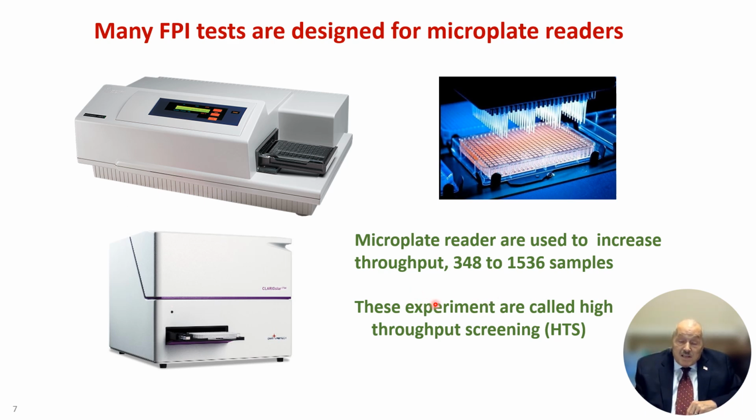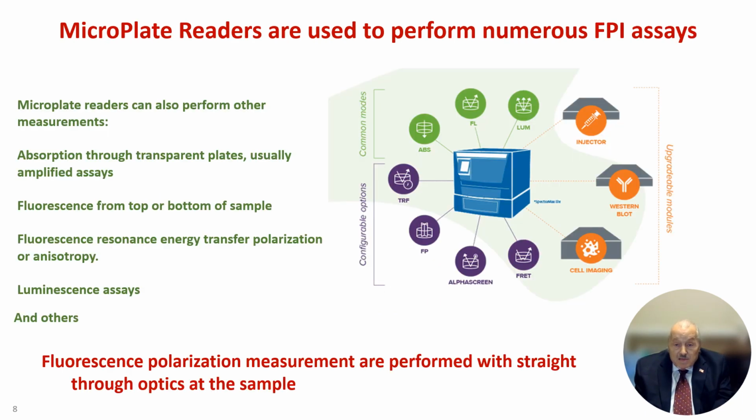But these machines have advanced tremendously, and not only do they do FPIs, but they can do absorption measurements if it's an absorption assay. They can measure fluorescence from the top or the bottom. They can measure energy transfer as well as polarization and anisotropy, luminescence assays, and others.